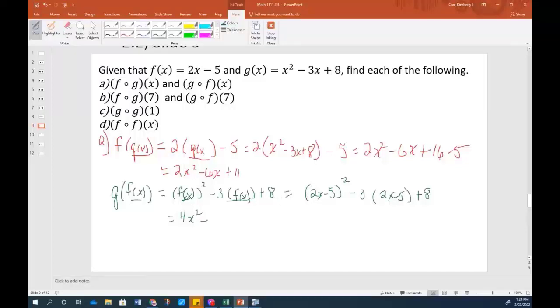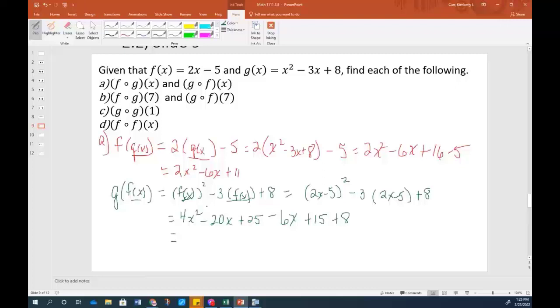Doubled is negative 20x. Last term squared, so negative 5 squared is positive 25. Then I need to distribute the negative 3, so negative 3 times 2x is negative 6x. Negative 3 times negative 5 is positive 15, and then I have a plus 8 out there.